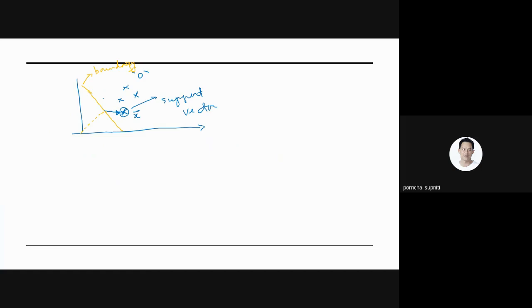So when we look at this type of picture, what do we see? Basically, this is the boundary that we are looking at. And the distance between x and the boundary can be computed like this.